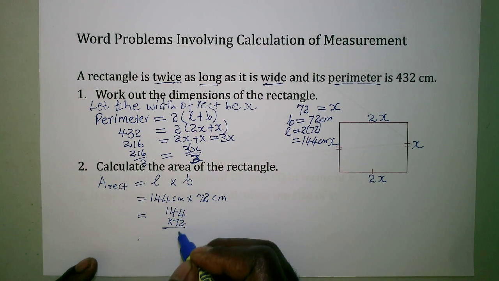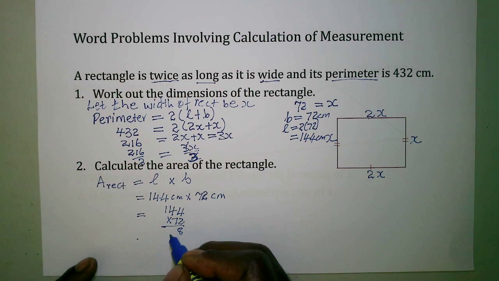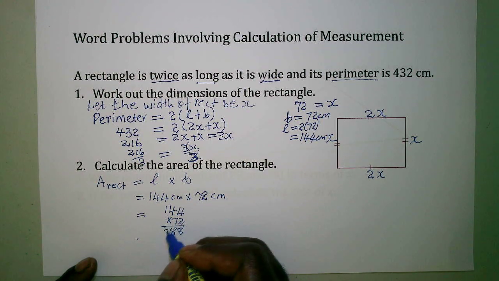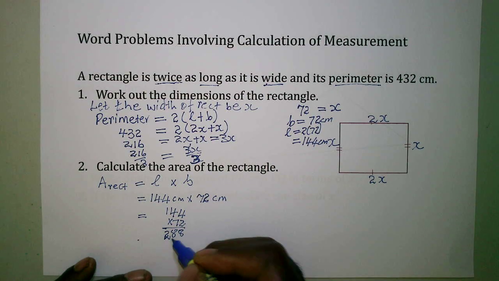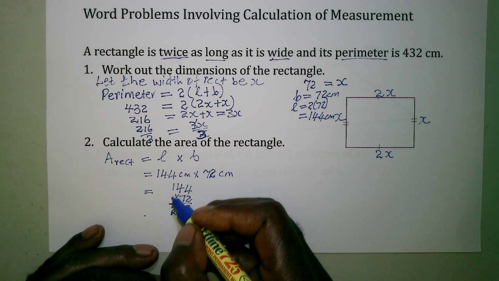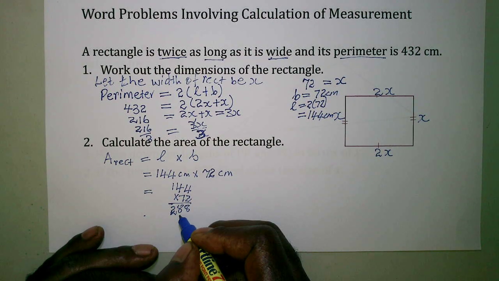2 multiplied by 4 is 8. 2 multiplied by 4 is 8. 2 multiplied by 1 is 2. Okay. So 7 multiplied by 4 is 28.